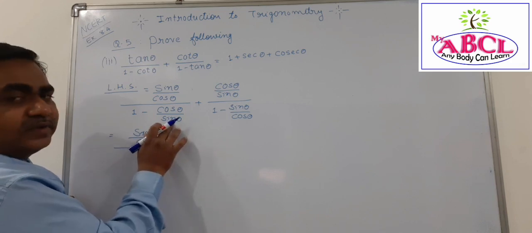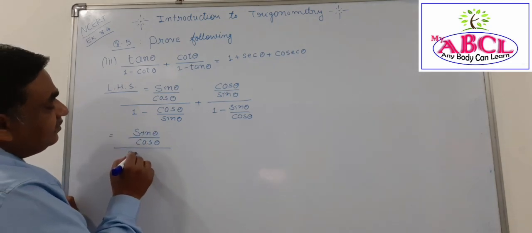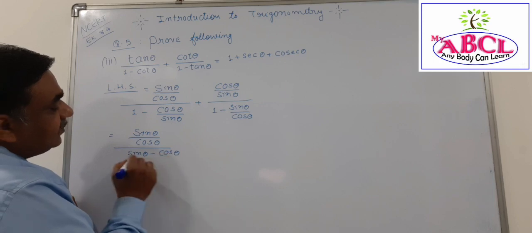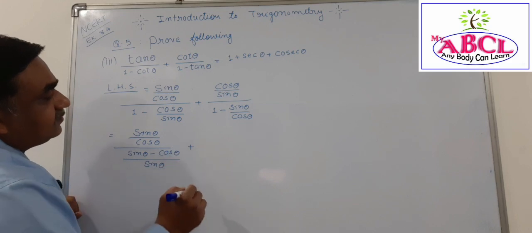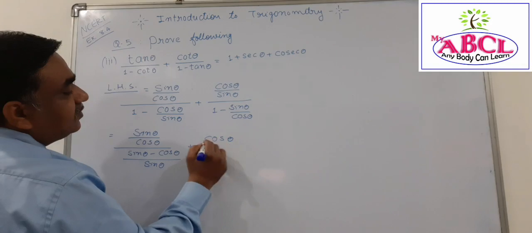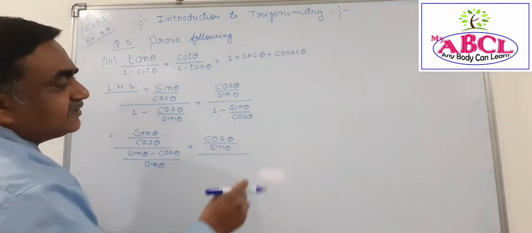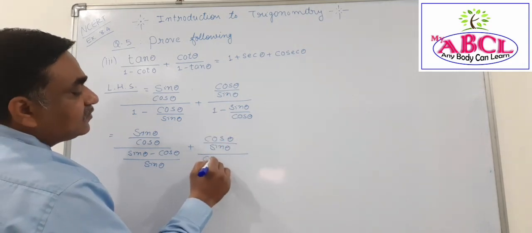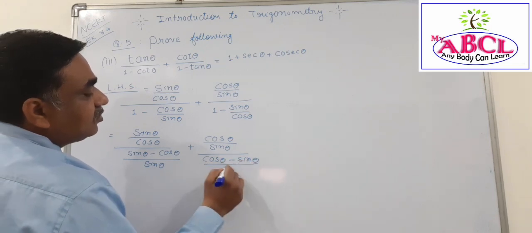Here sine theta would be the LCM, so sine theta will multiply with 1, so sine theta minus cos theta, and in the denominator sine theta, plus cos theta upon sine theta as it is. In the denominator we take the LCM, cos theta multiplies with the 1, so it's cos theta minus sine theta, in the denominator cos theta.